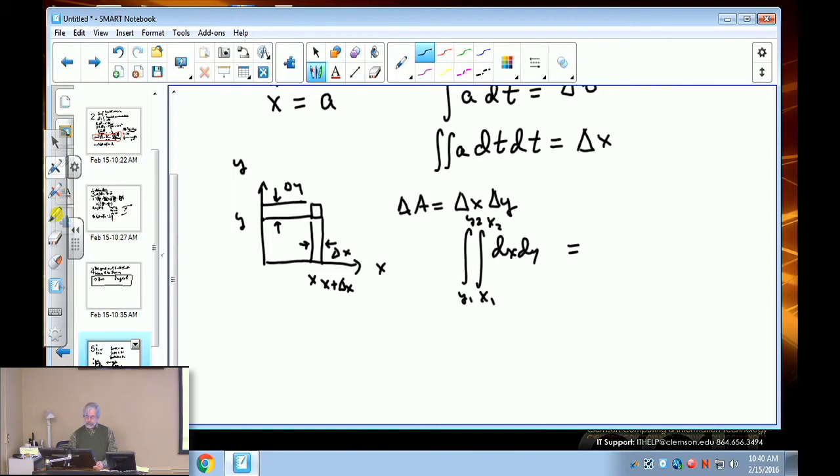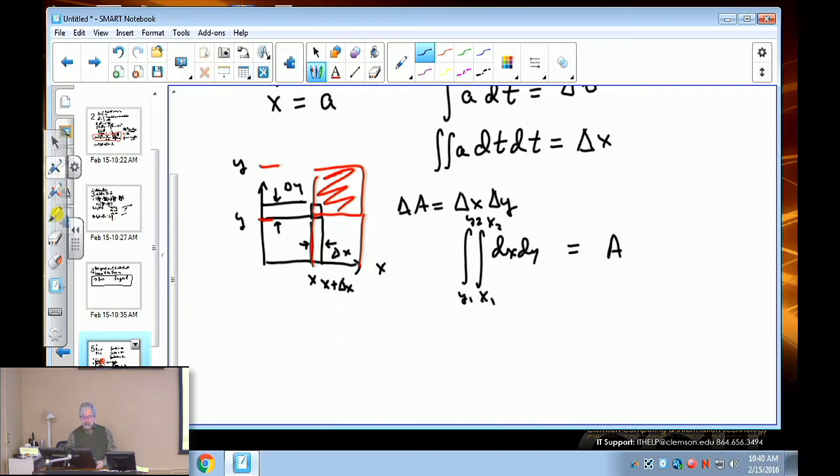So we want to find the area here where x goes from x1 to x2, y goes from y1 to y2. What is this area? Okay, that's an example of a two-dimensional integral.